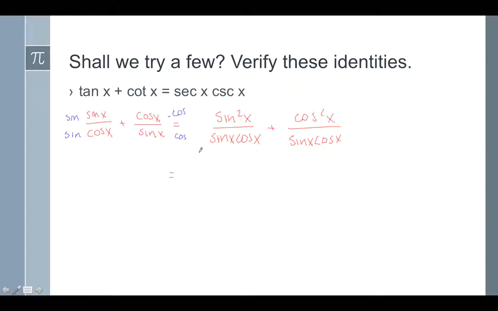All right, so when I add these together, I get sine squared x plus cosine squared x over sine x cosine x. And again, look at this. I have a Pythagorean identity. Sine squared plus cosine squared is 1.